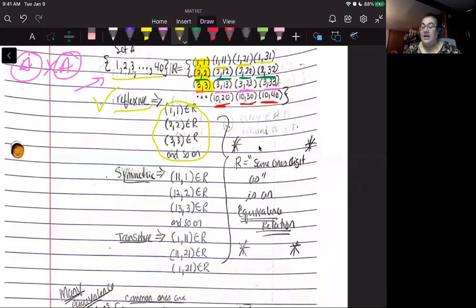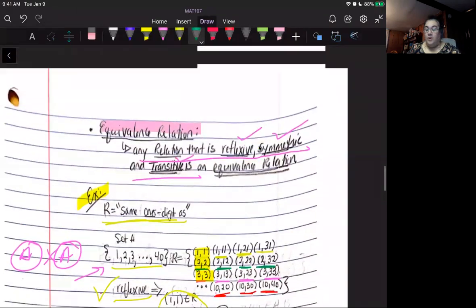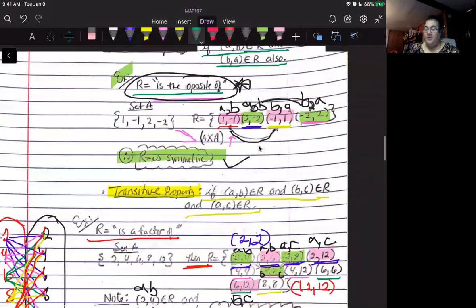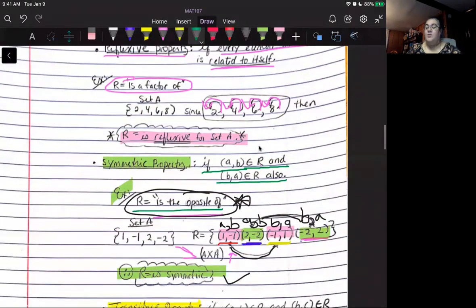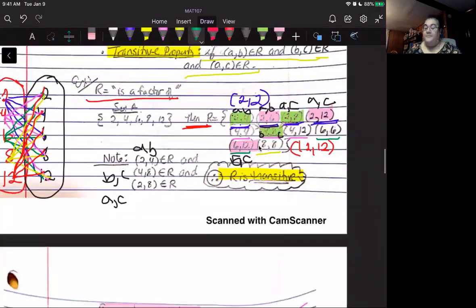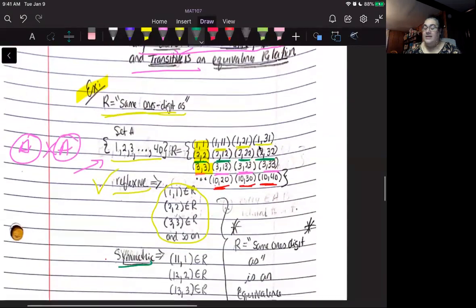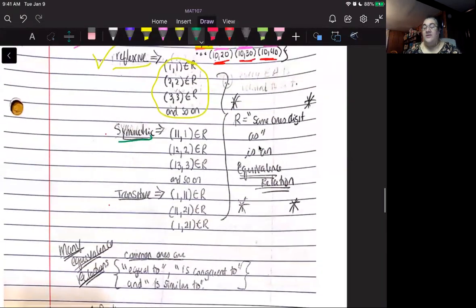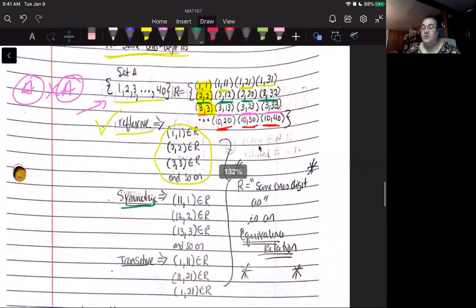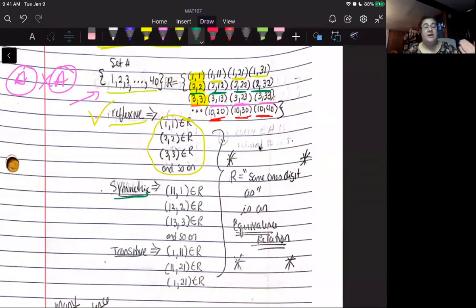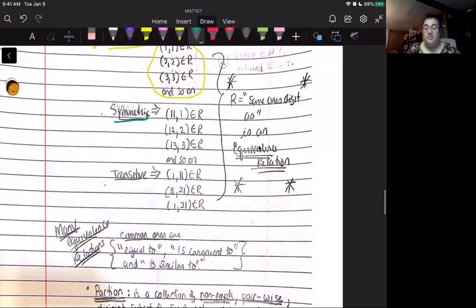Now, let's check if it's symmetric. If you want to go back to the definition, what does symmetric mean? It means that you have A going to B and B going to A. If we look at the examples, we would find that 1 goes to 11, but then when we get down to 11, 11 would go to 1.